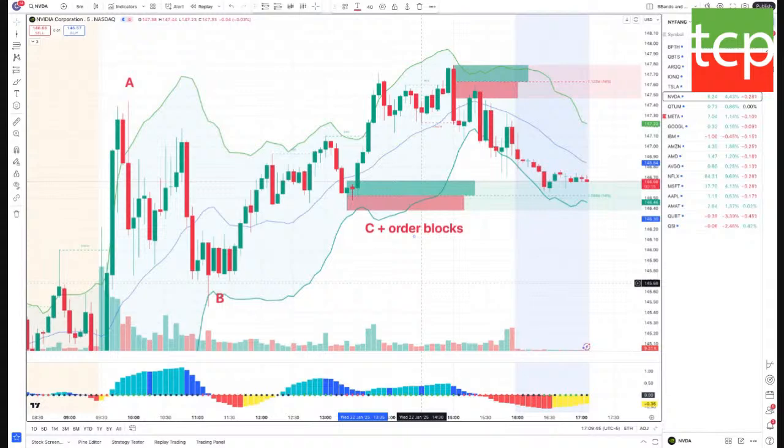ATR is an average. VWAP is an average. Daily volume is an average. I'm using averages because averages work. They have a consistency to them.